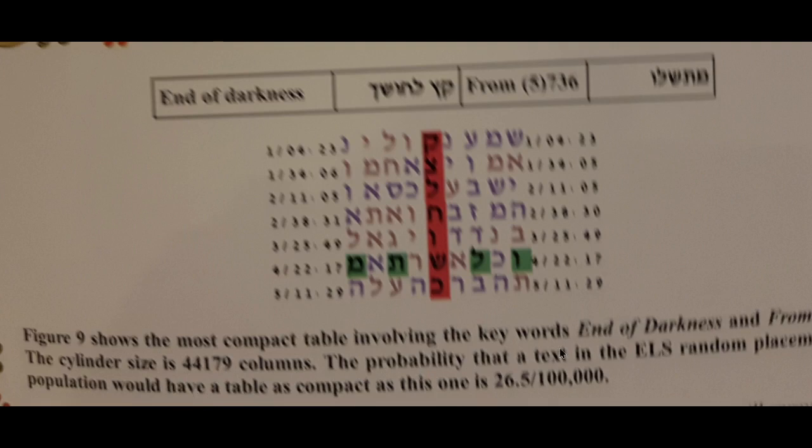The probability that the text in the ELS random placement population would have a table as compact as this one is 26.5 in 100,000, which is basically 2.16 in 10,000. Definitely very, very high statistics.